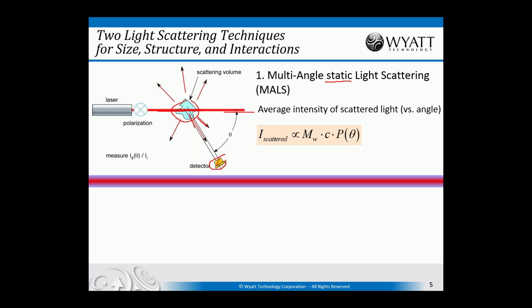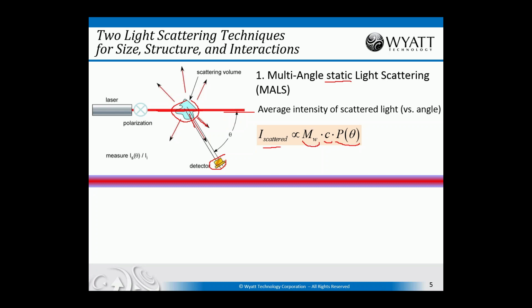And thermodynamic theory tells us that the intensity of the scattered light is proportional to the product of the molecular weight of the analyte and its weight concentration, and there's also an angular dependence which depends on the size of the particulates. If we're looking at molecules with a radius of less than about 10 or 12 nanometers, there's actually very little angular dependence and we don't actually measure size.